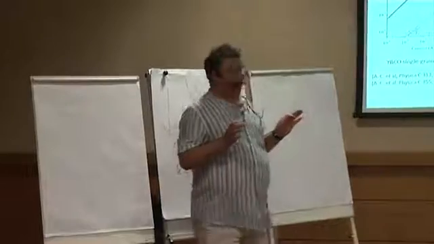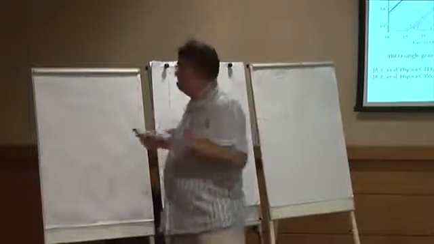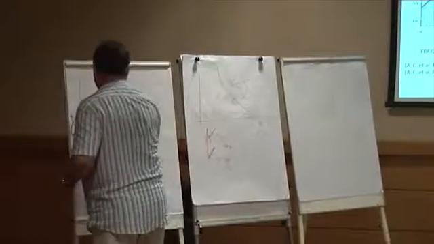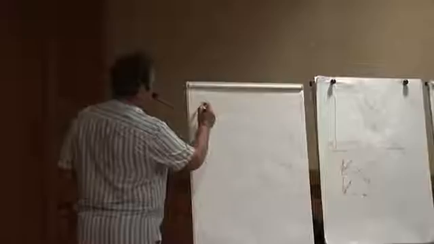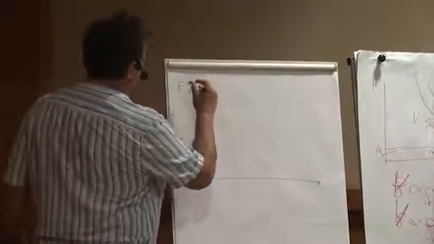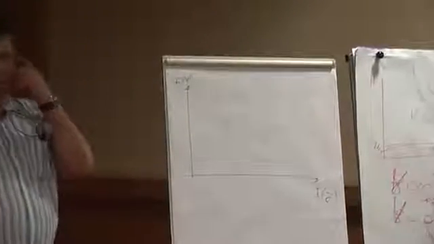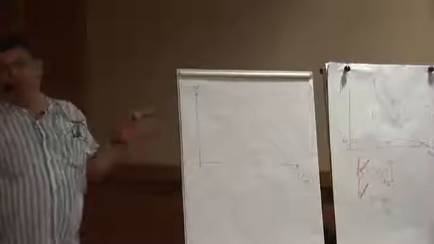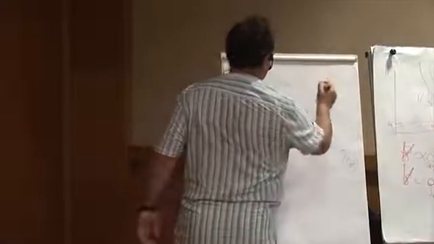How is an IV curve if we look at it in linear scale? So this is voltage or electric field, and this is current or current density. What we have here for a normal material is something like this. So it starts from zero current, zero voltage, and it's linear.